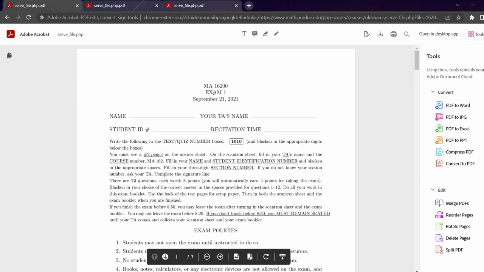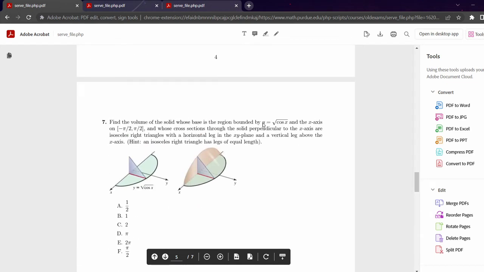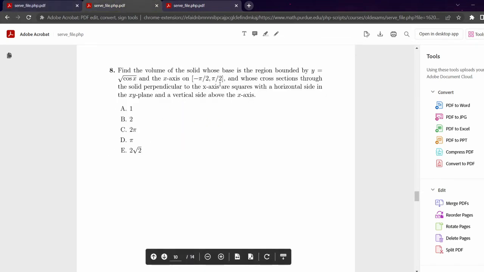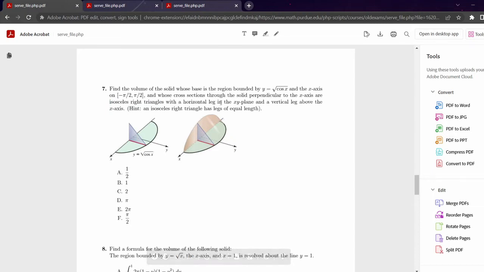This is fall 2021, number 7, where same function, same bounds, all the wording are exactly the same except for this time it's, instead of isosceles right triangle, right, it's squares. So we will approach this exactly the same way, except for the area part.